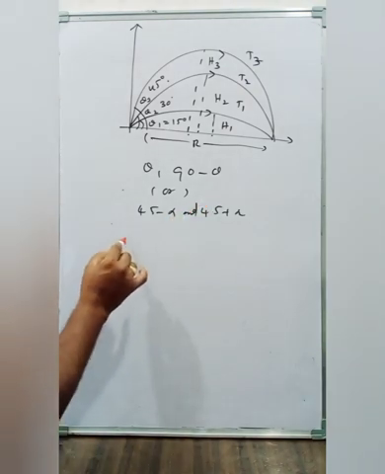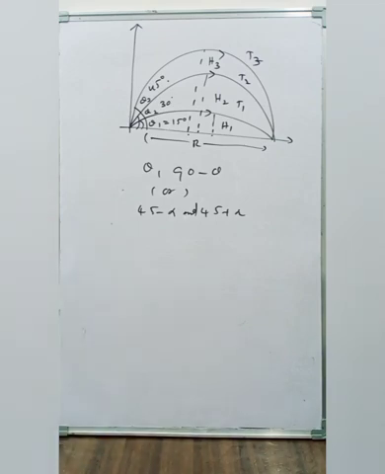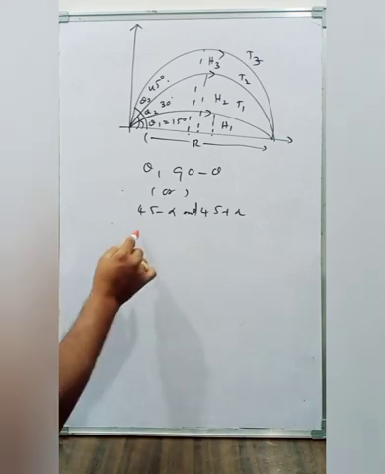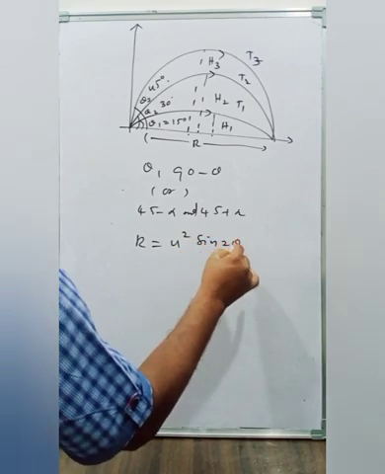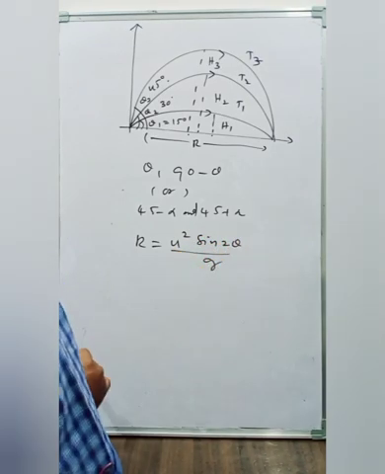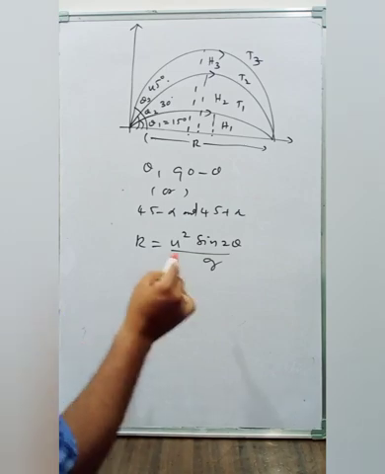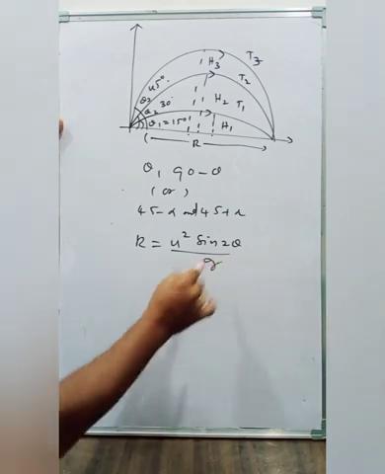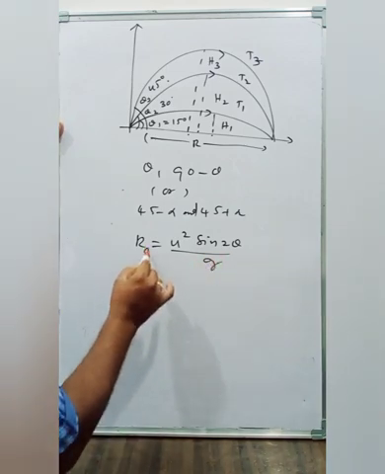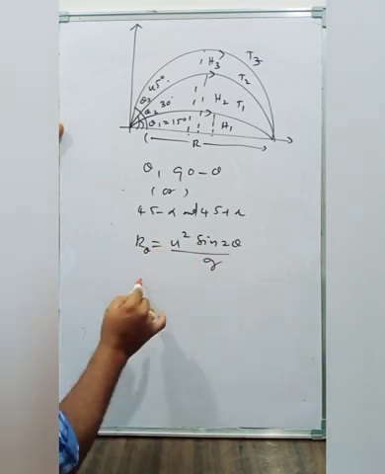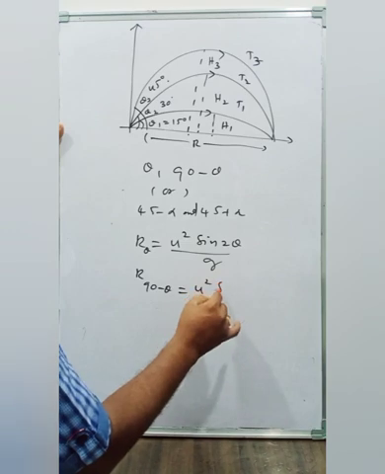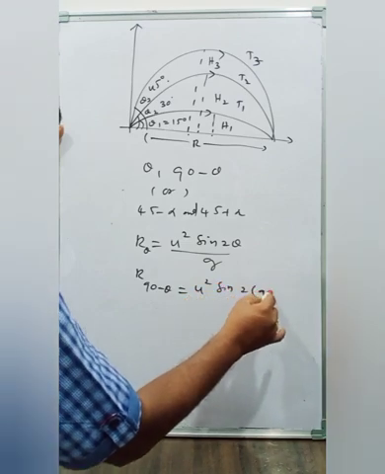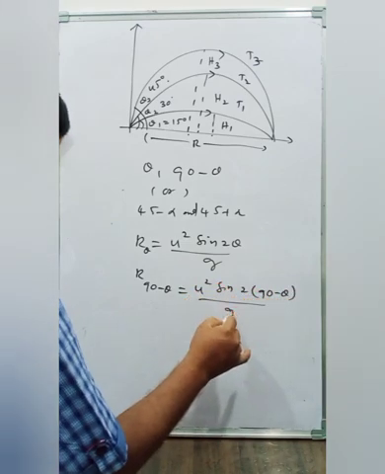We know that the range of the projectile R is equal to U square sine 2 theta by g. In this you can take one of the angles as theta first, that is R theta with sine 2 theta, and next one is R 90 minus theta, U square sine 2 into (90 minus theta) by g.